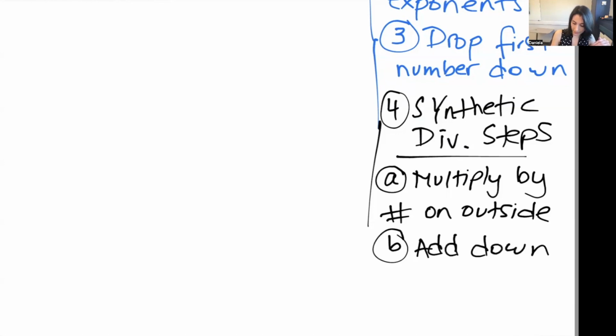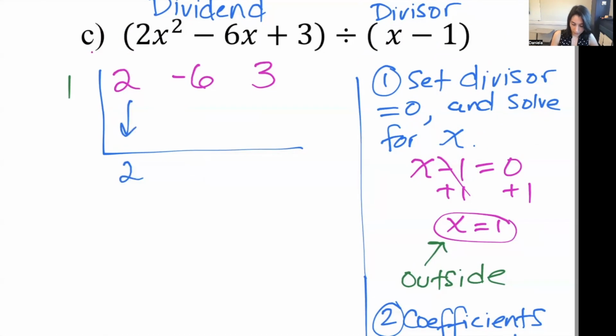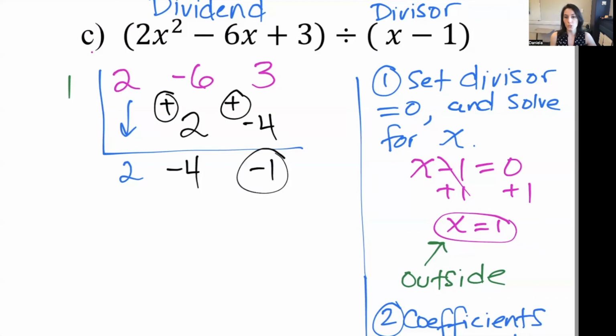That is the formula. So 2 times 1 is 2, and then add down, and we should get -4. These numbers should look familiar. Then we always multiply by that outside number. So -4 times 1 is -4, and then add down: 3 plus -4 is -1. Always circle the last number, because that last number is the remainder, which should look familiar. We got the -1 remainder in long division.